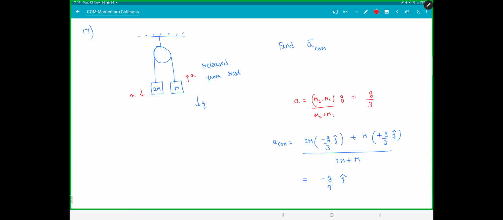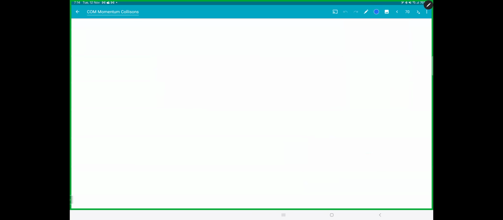Next thing. Stability of systems. Suppose you take a block like this and keep it on the floor.